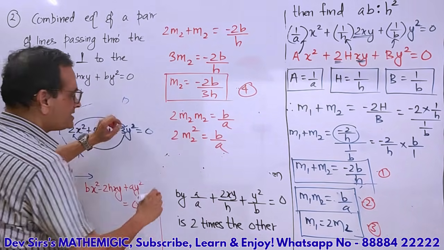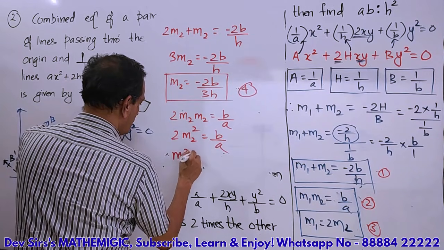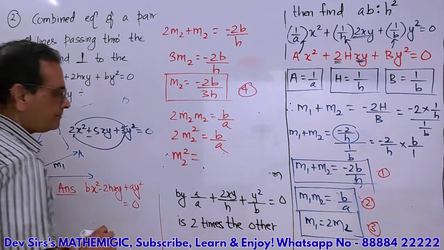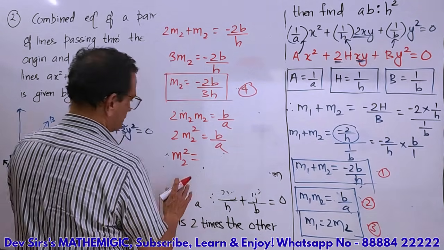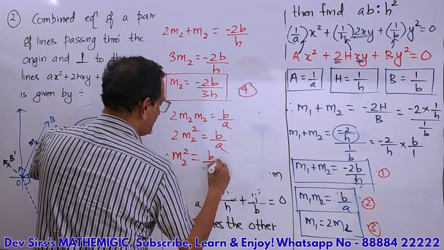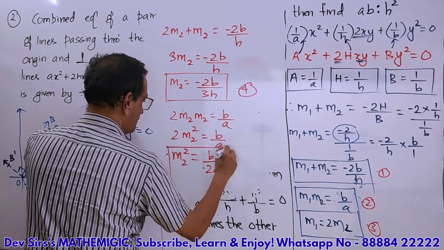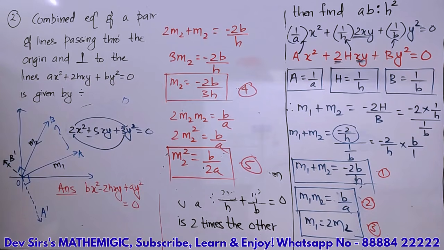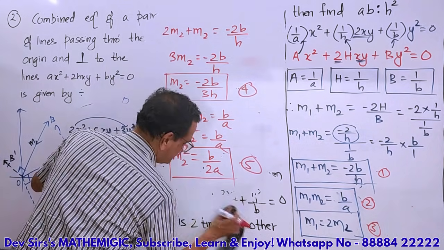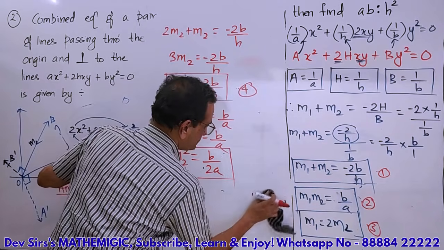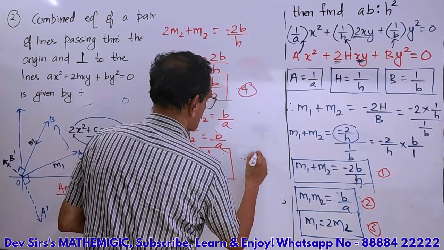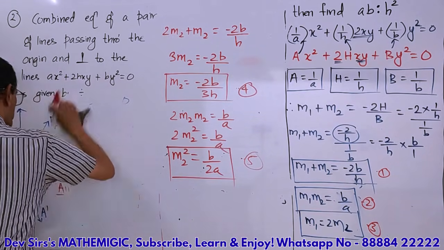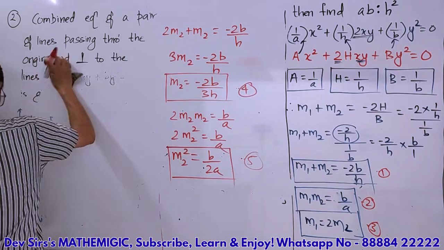So keep m2 squared on one side, and it is b upon 2a. And finally, what do you do? Last step.